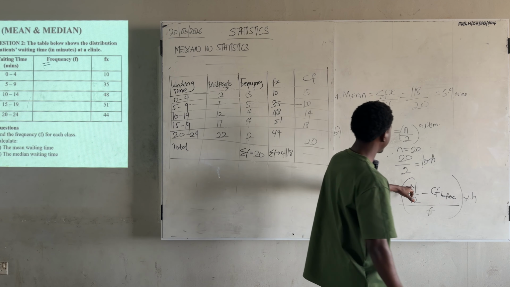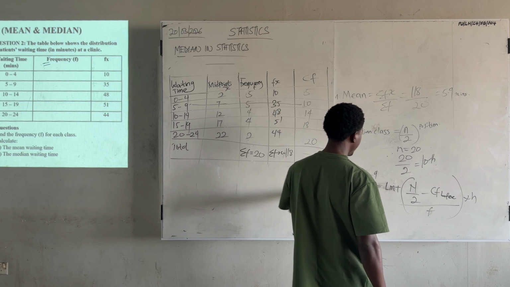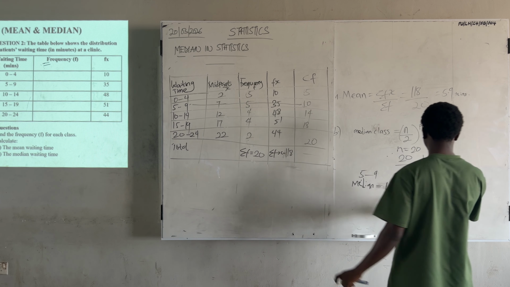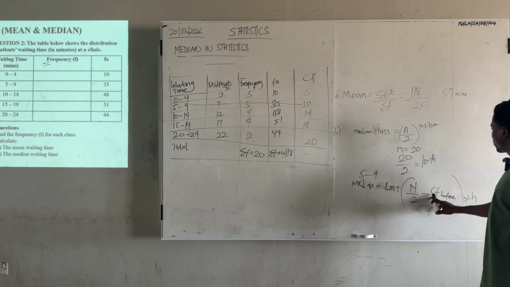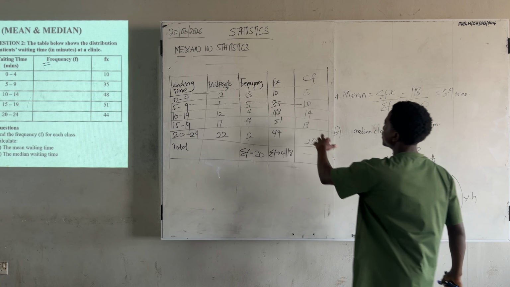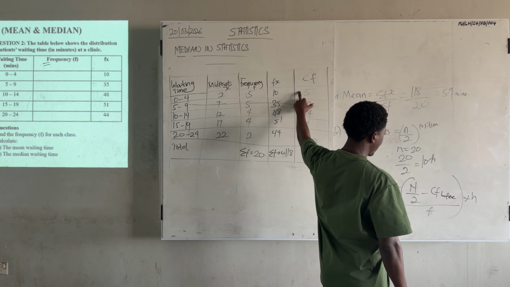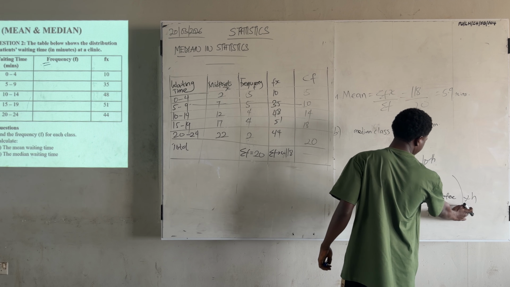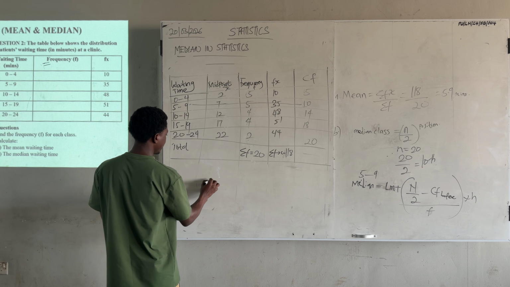Then we have the capital N, that's our total frequency over 2, and the cumulative frequency before, which is 5. Now we are going to find our width. We have the formula for finding our class width.